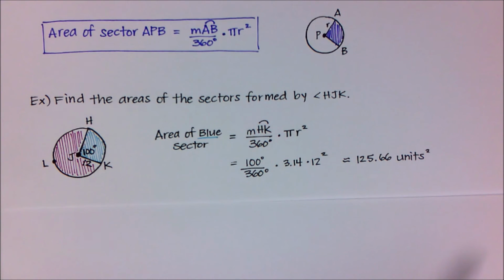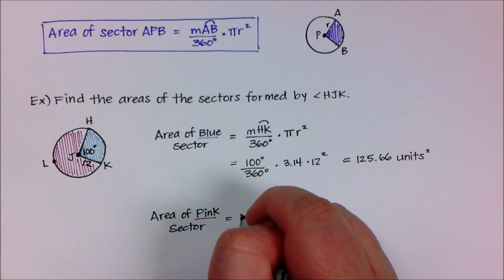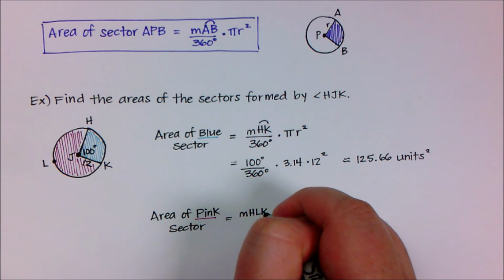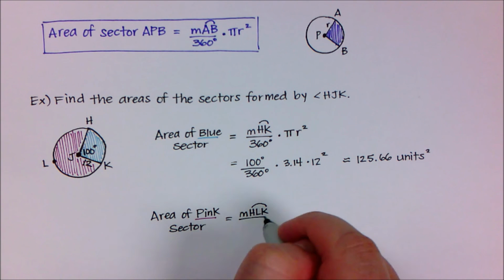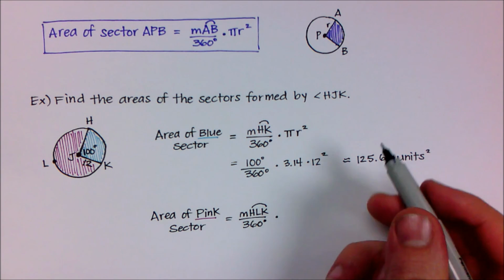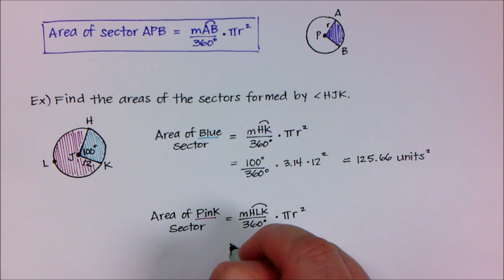So now we can also use this to calculate the area of this pink sector. This time I need to find the measure of this outer arc in terms of degrees, HLK, and divide that by 360 degrees and multiply it by the area of the entire circle, pi r squared.